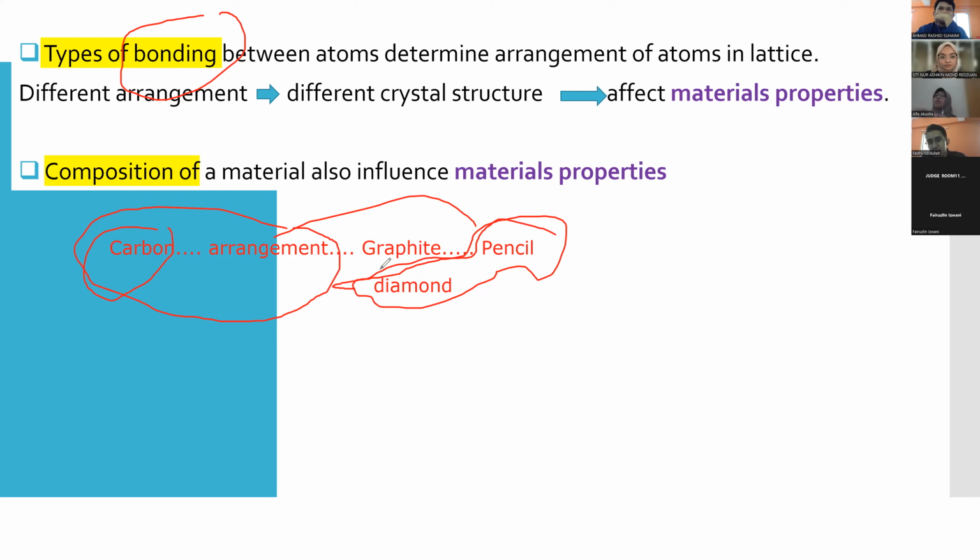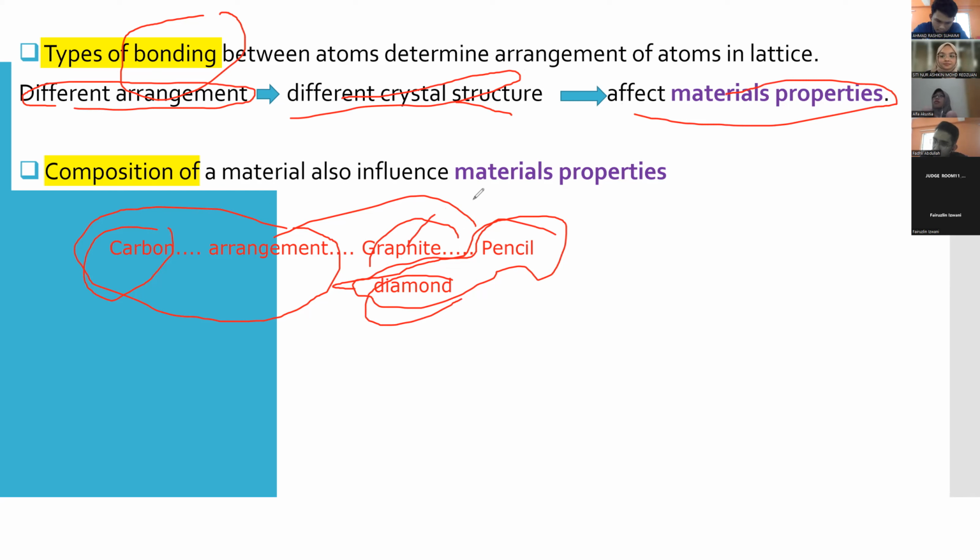Or I can say one becomes graphite and one becomes diamond, because a different arrangement makes a different crystal structure. When the crystal structure is different, of course it will affect the material properties. Graphite is black, and its hardness is not too hard like diamond. Diamond is very hard, and its application can be as jewelry or gems, and it is harder than graphite. Why does it happen? Because there is a different arrangement and different crystal structure.